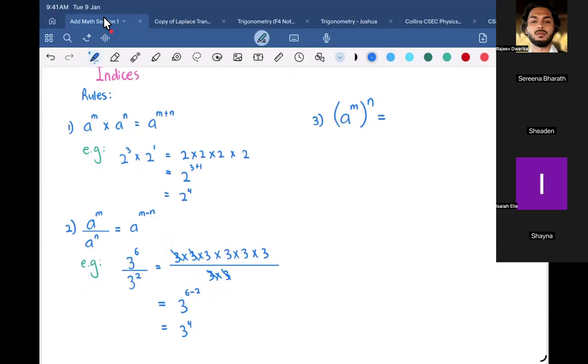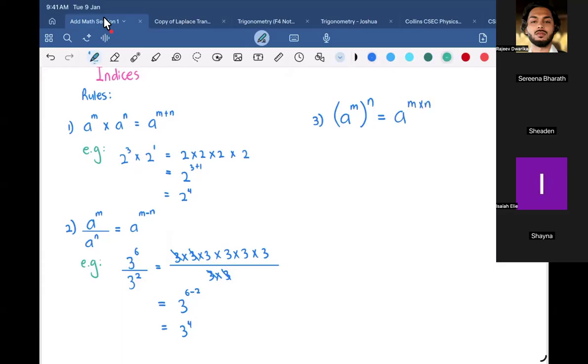If multiplying meant that we added the powers, subtraction meant that we minus the powers, what are the two operations we didn't touch on as yet? Multiplication and division. Right. They kind of combine. If you're raising a power to a power, you multiply. So this will be a to the power m multiplied by n.